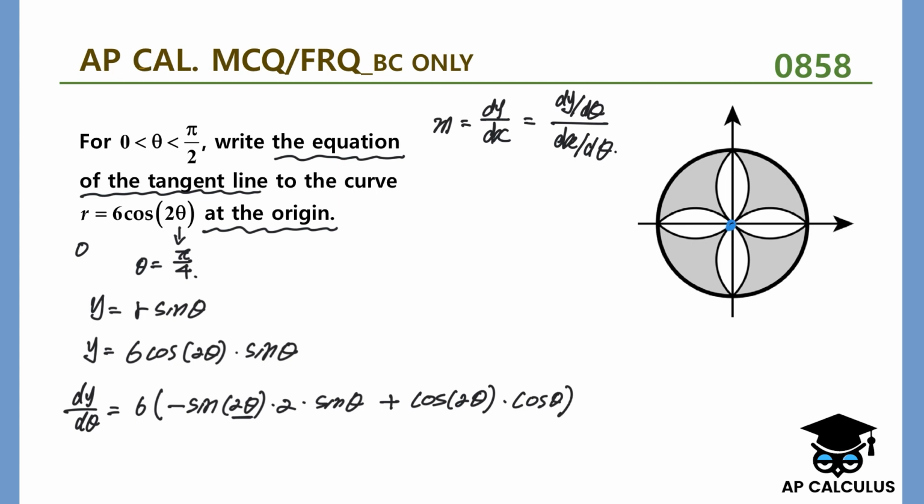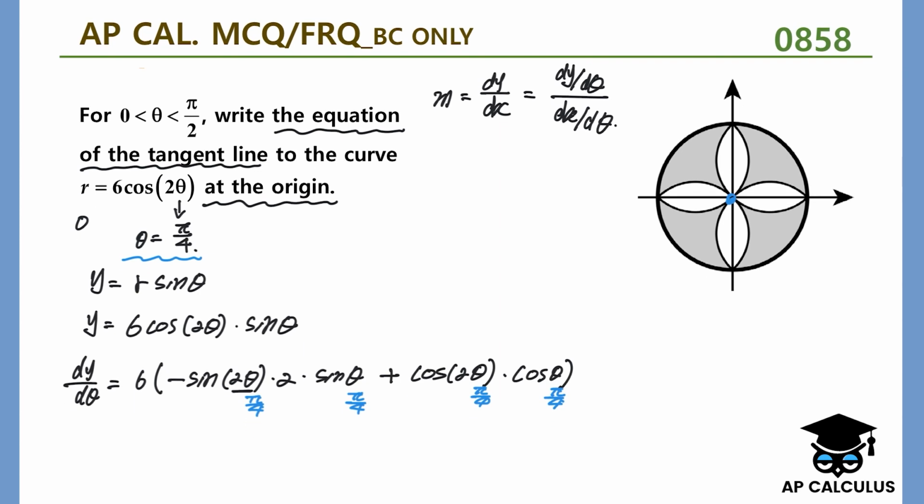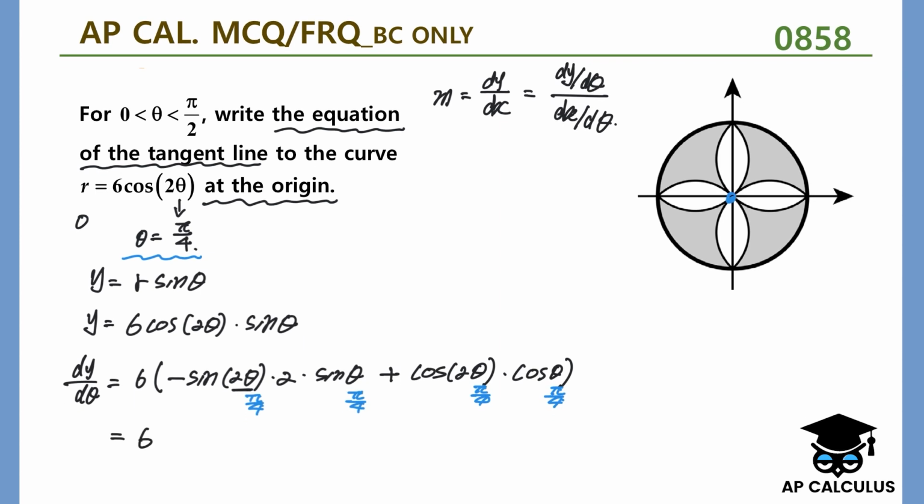So far so good. Now, we're going to find the value of dy d theta when theta is pi over 4, right? So when theta is pi over 4, that's going to be equal to 6 times sine pi over 2, that's 1, right?